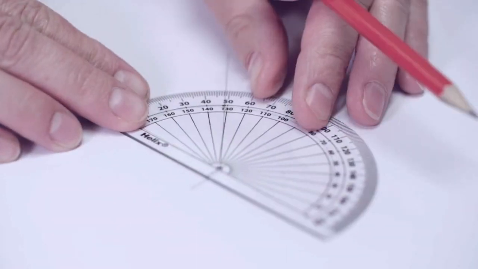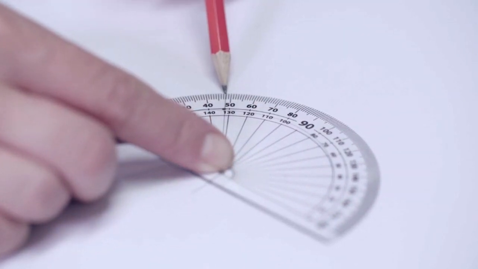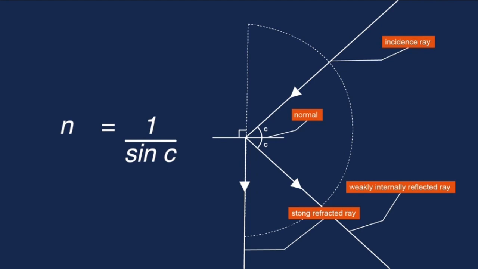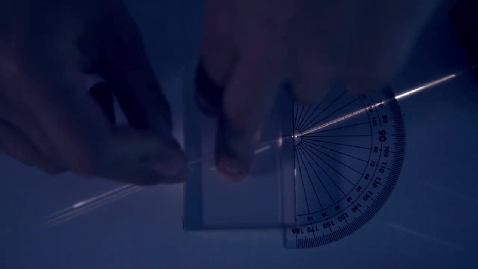A protractor is used to determine the critical angle. The critical angle and refractive index are linked by an equation: n equals 1 over sine C. The greater the refractive index of a material, the smaller the critical angle. This experiment has demonstrated the refraction of light. The refractive index and critical angle of the material have been determined.